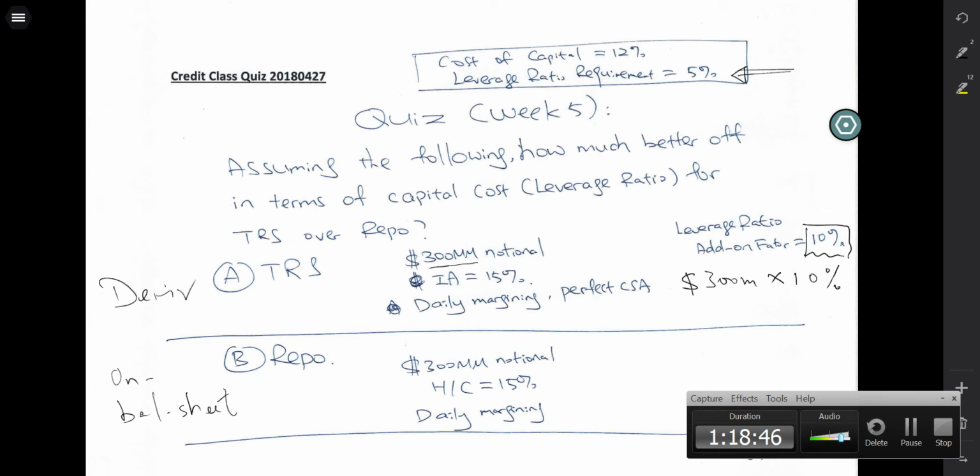Notice I have not actually used that parameter in trying to work out the capital requirement for the TRS. The independent amount could be the same as the threshold.